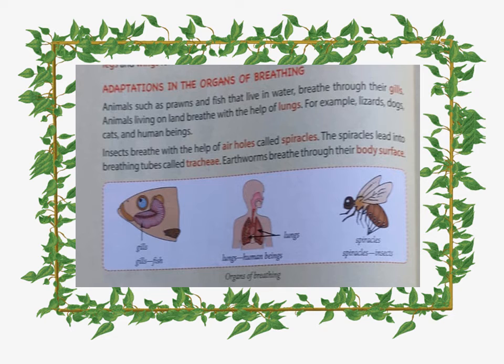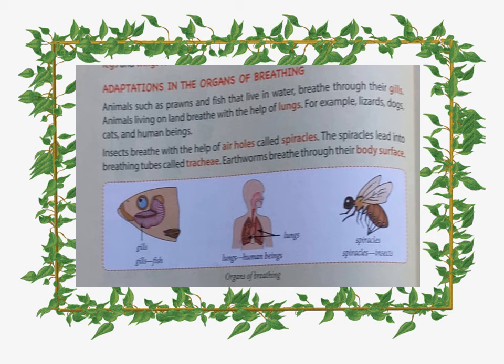What are the spiracles? Tiny, small holes found on the surface of their body. The spiracles lead into the breathing tube. That tube is called trachea, and earthworms breathe through their body surface. Got it? You can see in the picture gills found in fish.